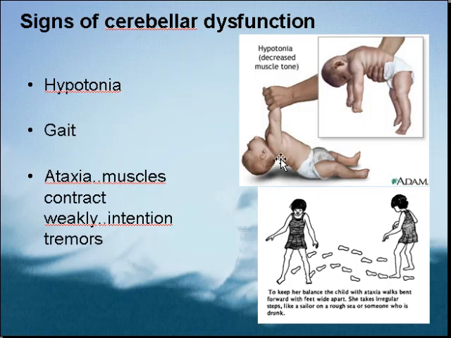So when that resistance goes, you see hypotonia, as in cerebellar dysfunction. So a question could be given based on something like this. You're picking up a child and you notice there is no resistance, so this is a sign of cerebellar dysfunction. Another image up here shows how a child with cerebellar dysfunction, to keep her balance, walks on a wide base with feet wide apart. So that's why it's very, very important to look at these images very carefully.